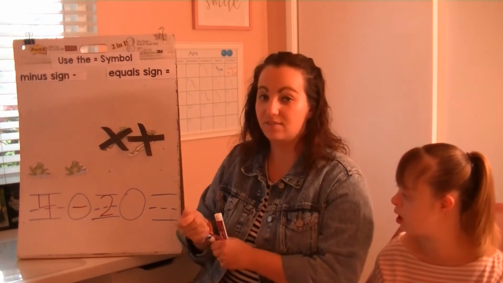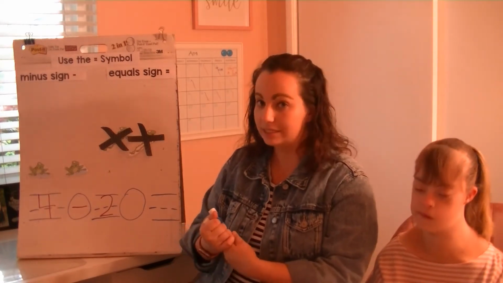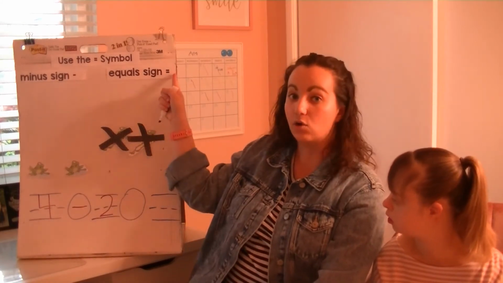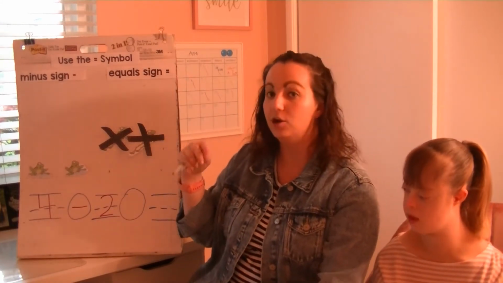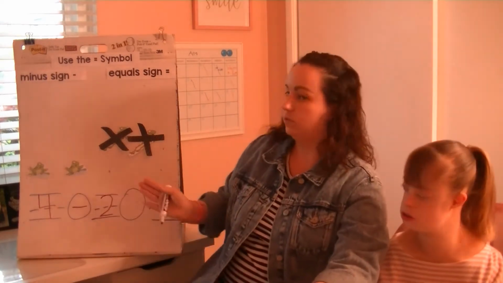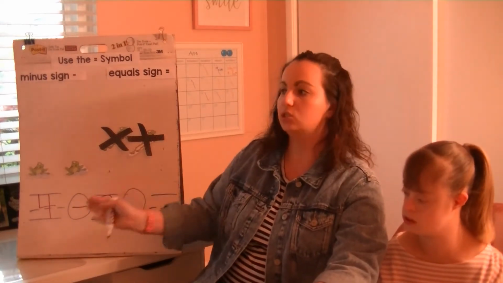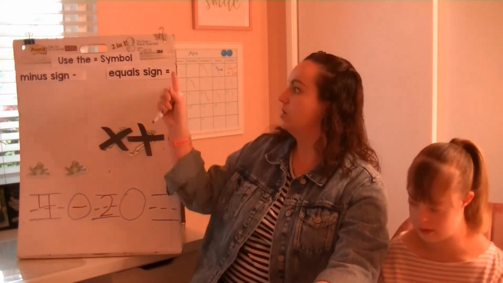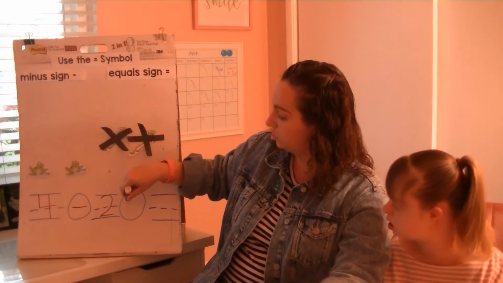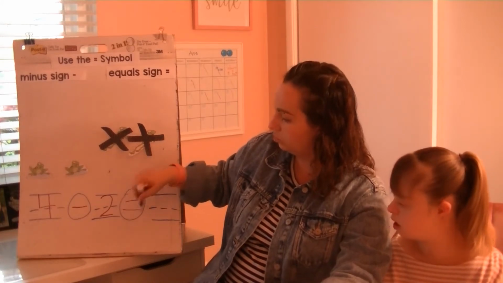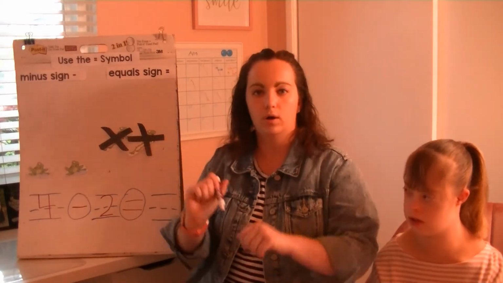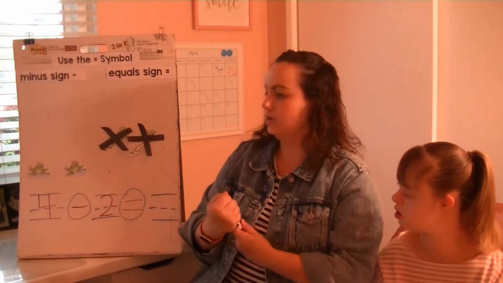Just like we use the equal sign in addition to show this is what it makes, this is what the answer is, we use it here in subtraction. 4 minus 2 equals. You write it the same way, the two lines, equals. That's what we're working on today, equals.